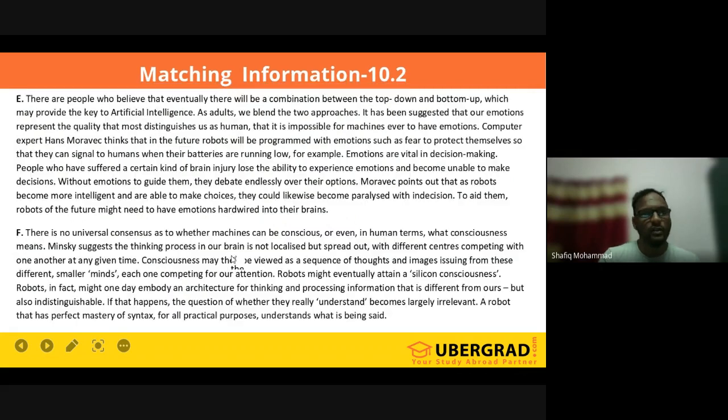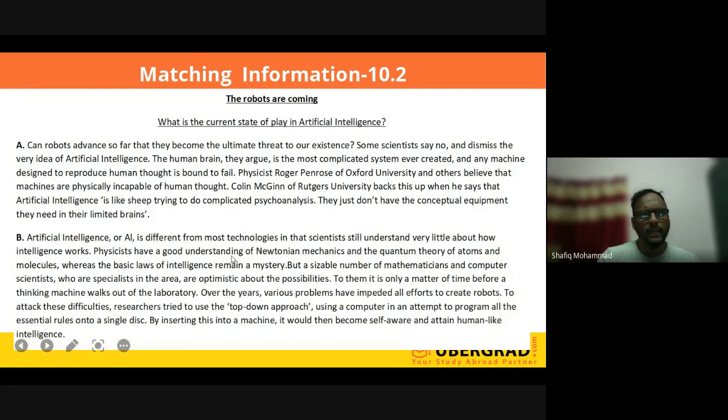Then let's go to the B paragraph. What is it talking about? First, we'll read the first sentence. Artificial intelligence (AI) is different from most technologies, and the scientists still understand very little about how intelligence works. Physicists have a good understanding of Newton and so on.